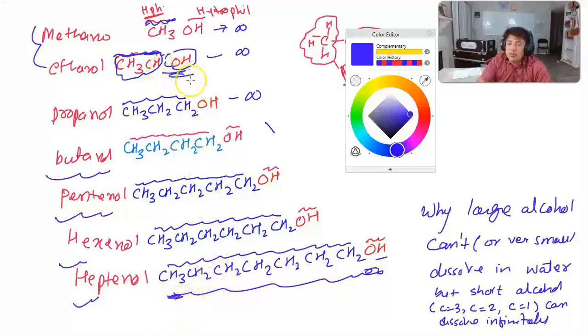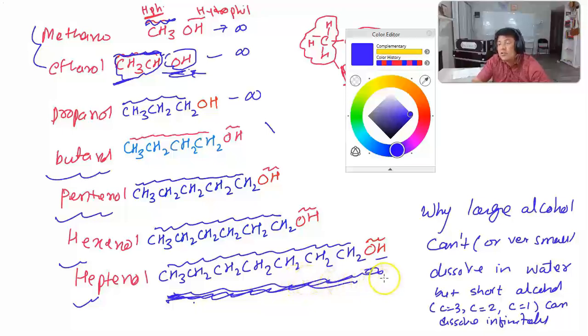But the short ones can dissolve because the OH hydrophilic attraction with water is way larger than the hydrophobic repulsion. The larger alcohol has a very small solubility. The hydrophobic part has only dispersion forces, which are weak.